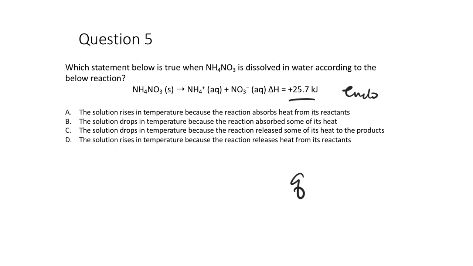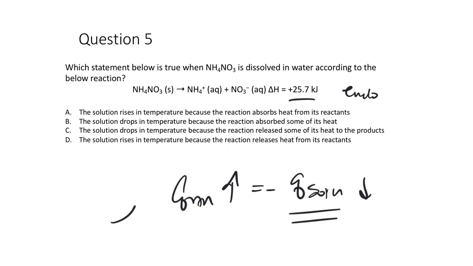And so the temperature of our solution here should drop as this reaction takes place because the reaction's taking the heat away for it to take place. And so the heat of our reaction is positive, and then the solution needs to be the opposite sign. So if the reaction is gaining heat, then the solution must lose heat to make up for that. So the solution should drop in temperature because the reaction absorbs some of its heat.